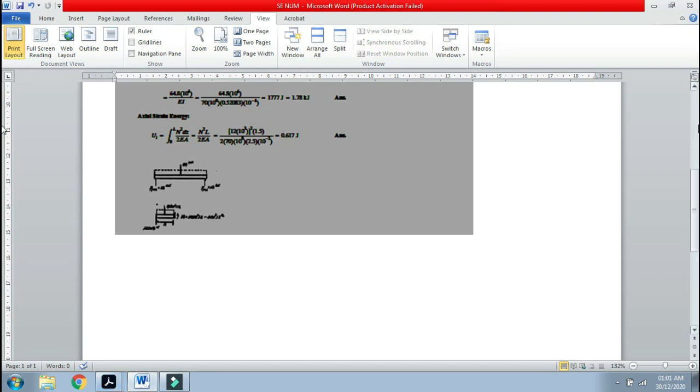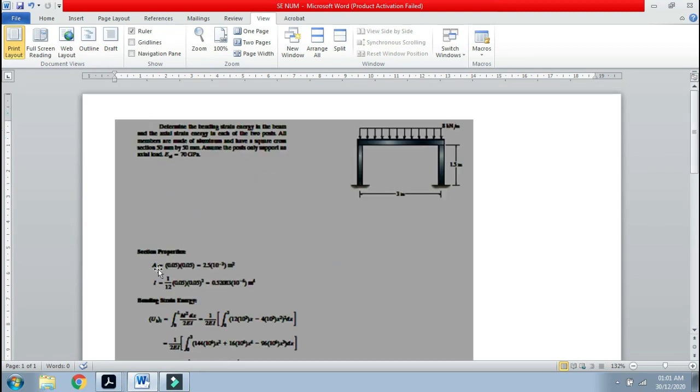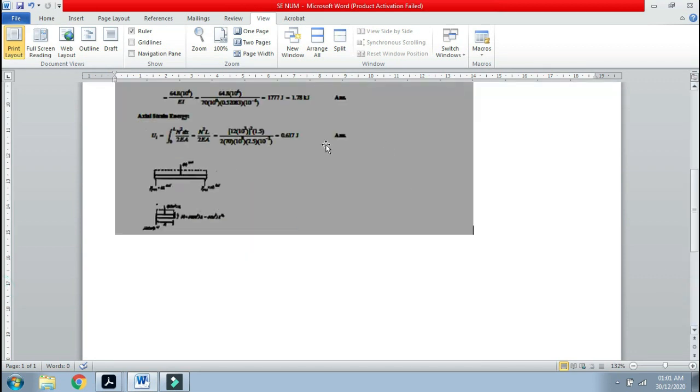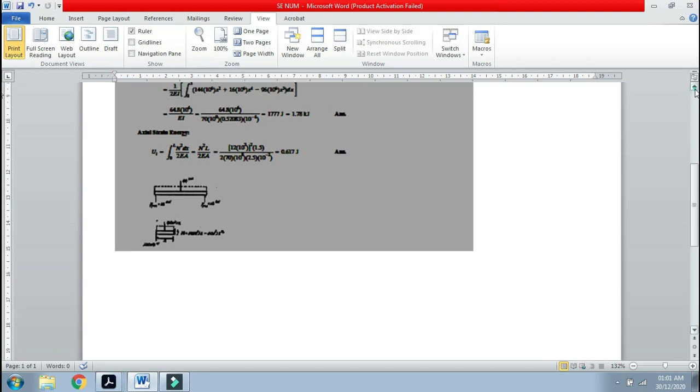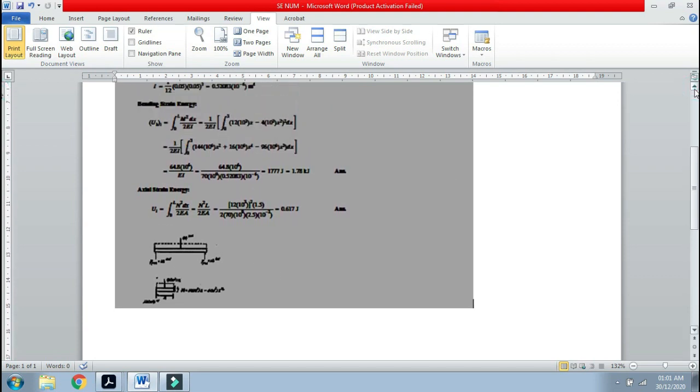And then in order to calculate the bending strain energy for the beam, we'll apply this equation, integral 0 to L of M square dx over 2 EI, and 1 upon 2I is taken out, and we basically will cut the beam at any point x. We have cut the beam. This was basically loading 24 kilonewton, and it will be applied at the mid.